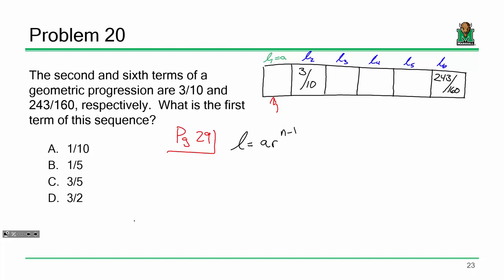So would you agree that L2, according to this formula, is A R to the 2 minus 1, which is AR, sorry, not A to the R, just AR. And L6 is AR to the 6 minus 1.